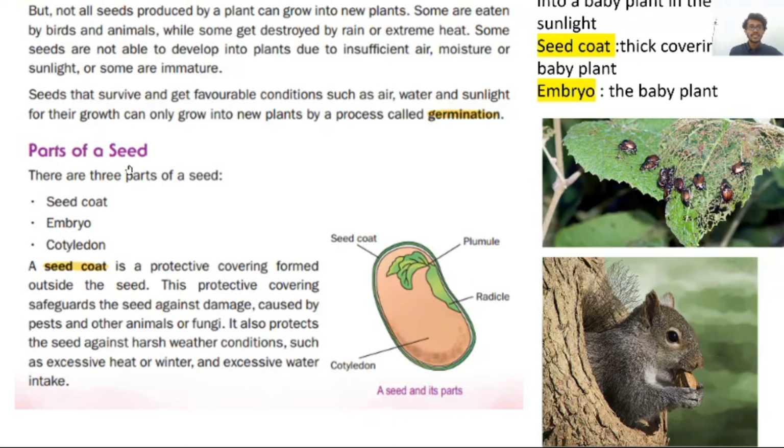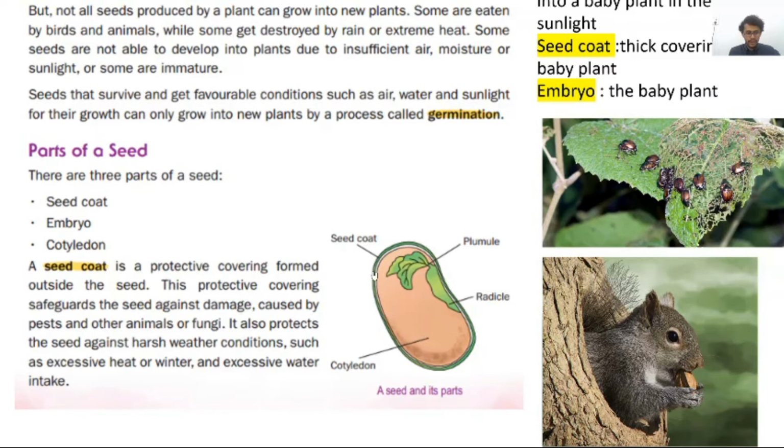So, parts of a seed. There are 3 parts of a seed called seed coat, embryo and cotyledon. You see, this is a seed. See the outer part.